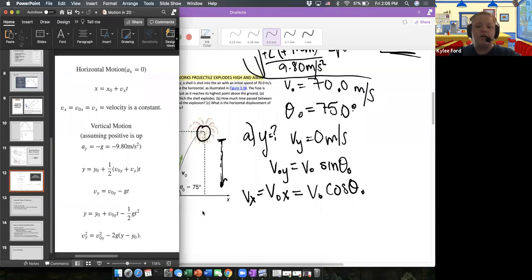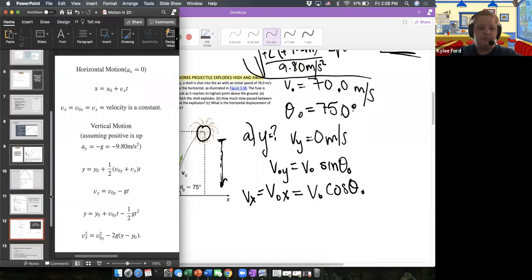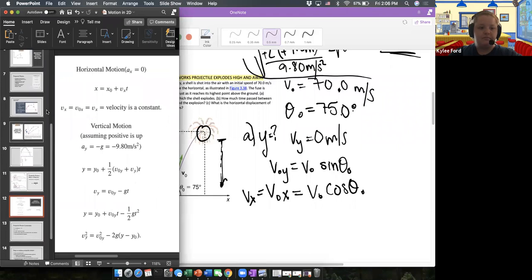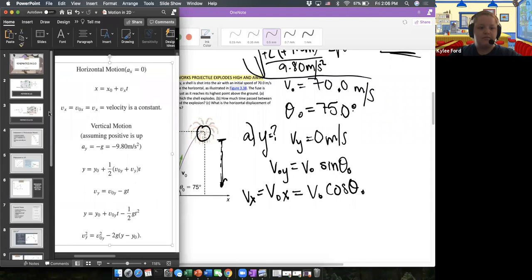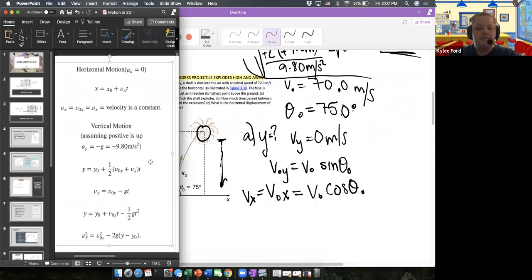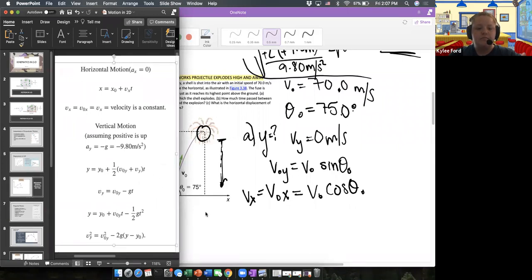So what equation are we going to use for this? We are looking for our y. That's in this equation, this equation and this equation.